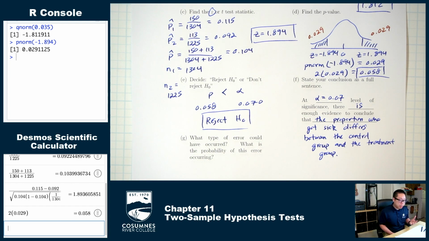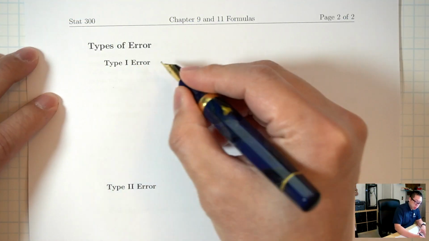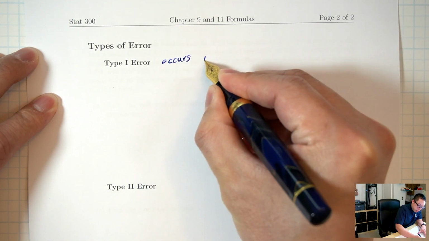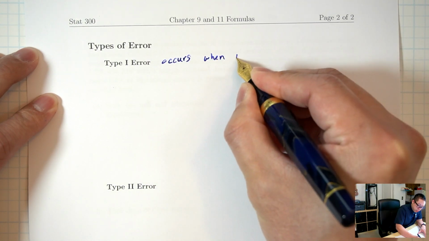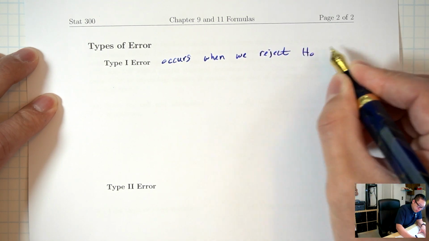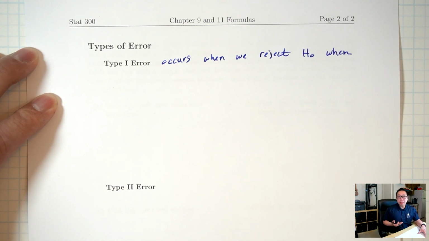So that's called a type 1 error. So let's talk about what a type 1 error is. A type 1 error occurs when we reject H0 when in reality H0 was true.